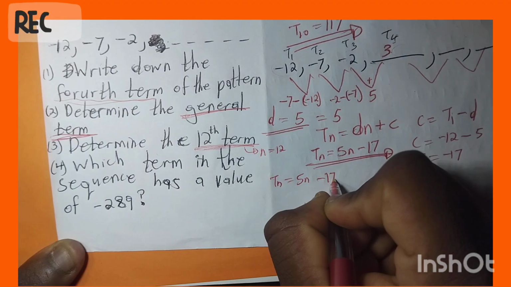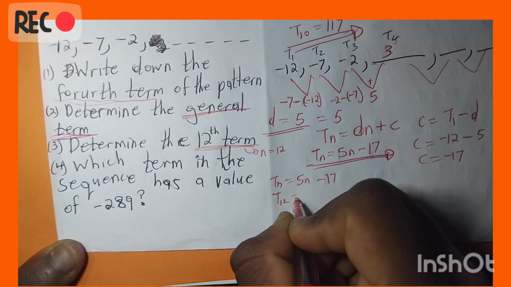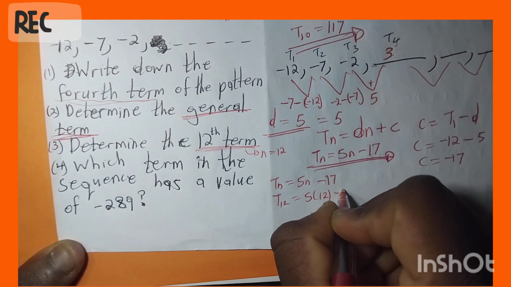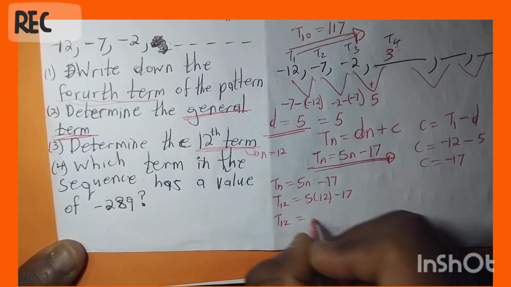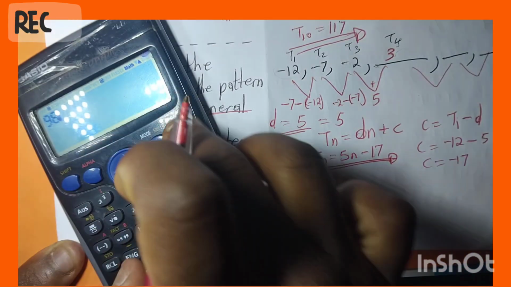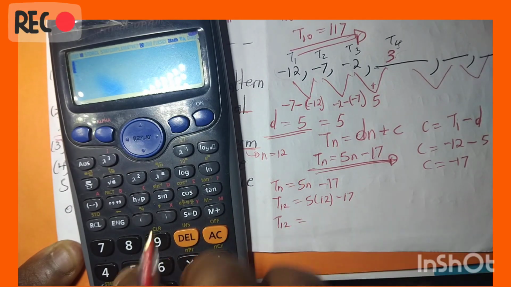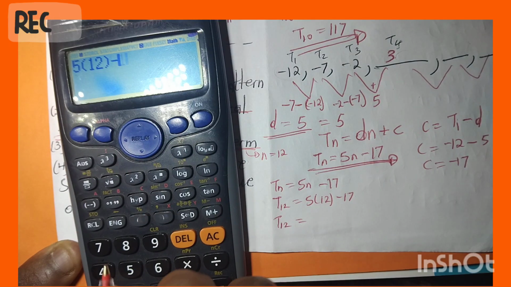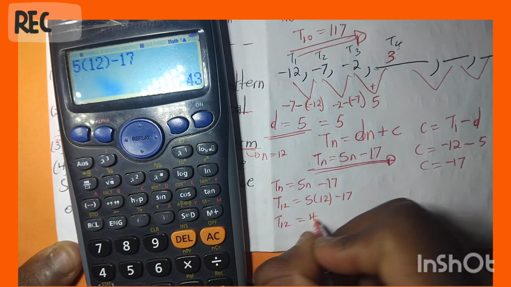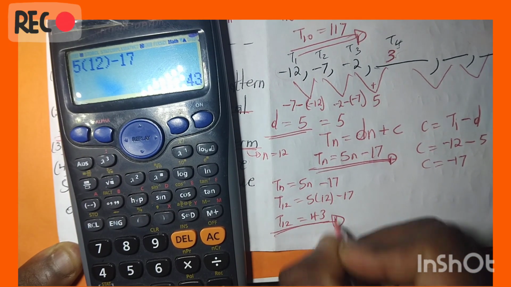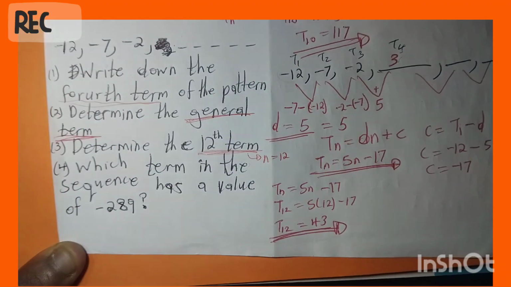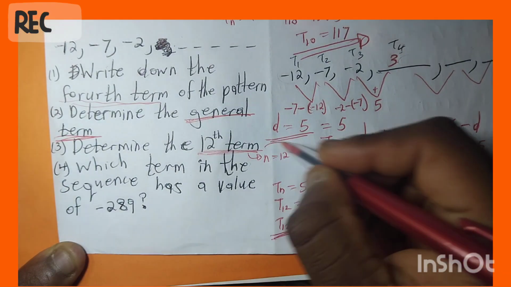Where there is n, you'll substitute 12. So this will give you 5 times 12, and minus 17, which is 43 for this question.